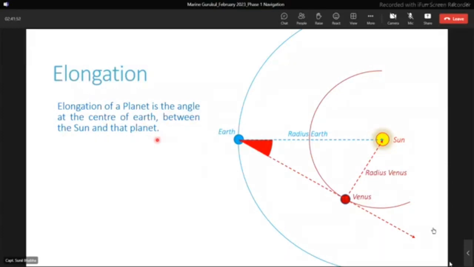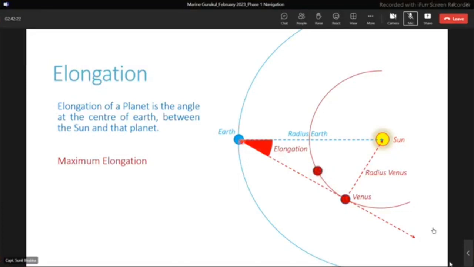Now, as Earth and Venus are moving with different orbital speeds, different angular velocities in their orbits, their location with respect to each other will keep on changing. The planet Venus could be at any particular elongation depending upon its position in its orbit. Let's assume that planet Venus is at this particular position here.